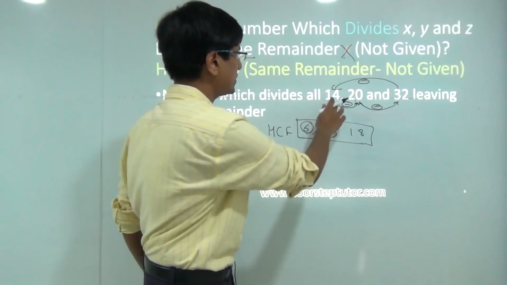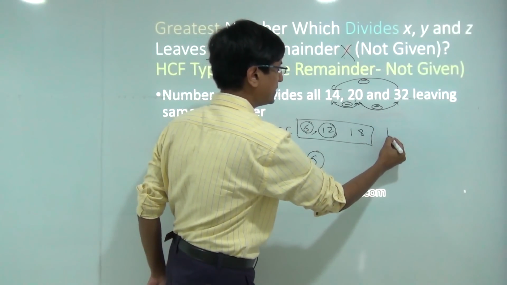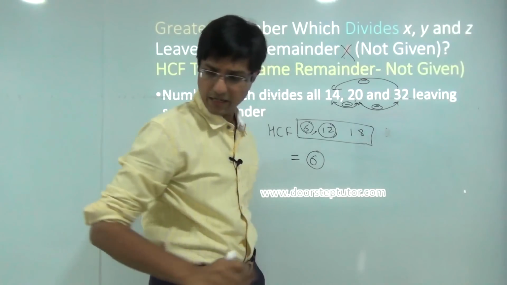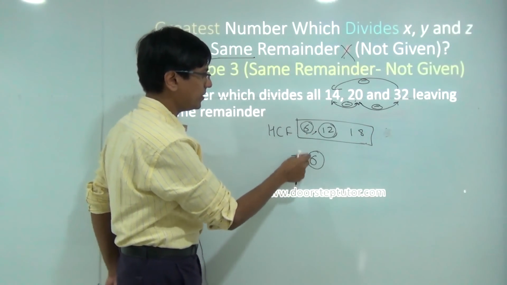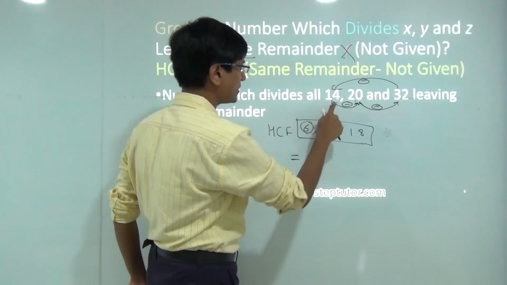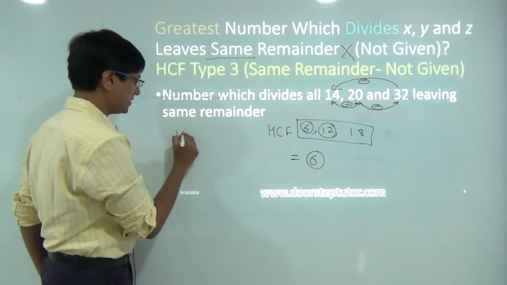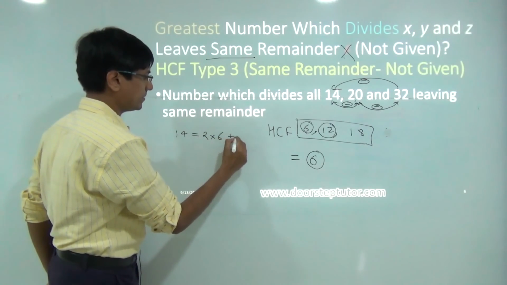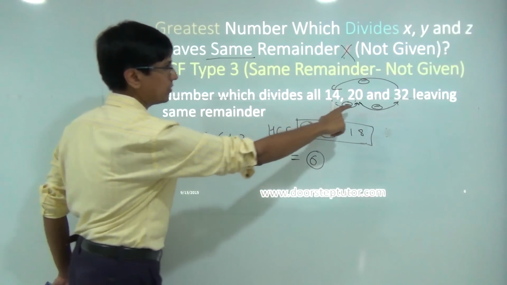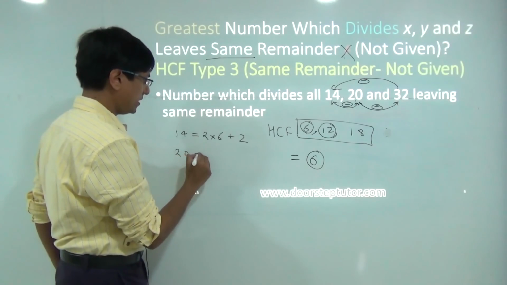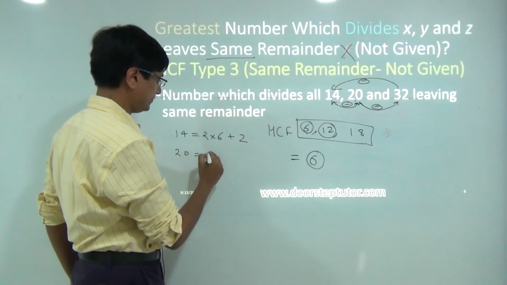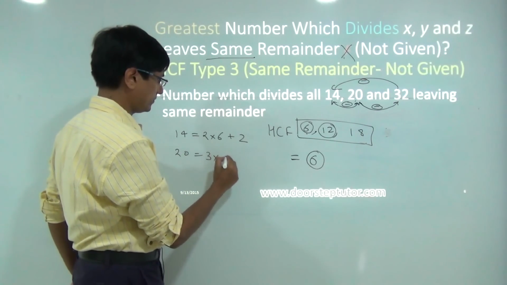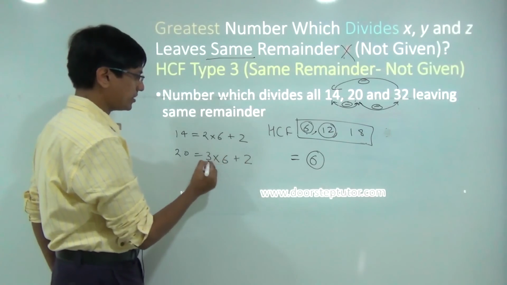To think of this in another way, the reason why this difference thing works is because 14 is nothing but 2 into 6 plus 2. Similarly 20 is nothing but 3 into 6 plus 2, right?